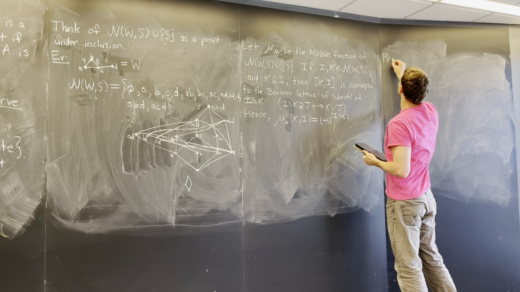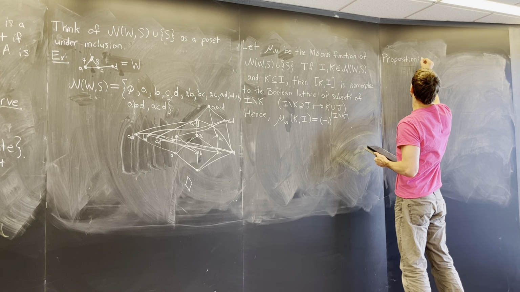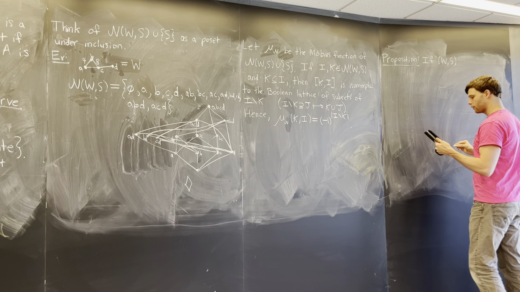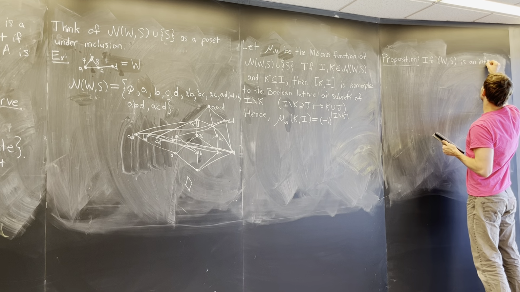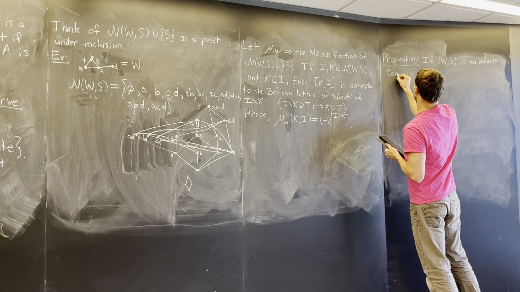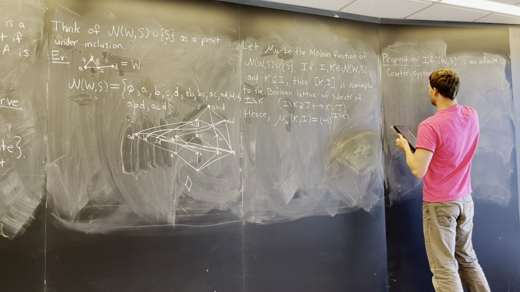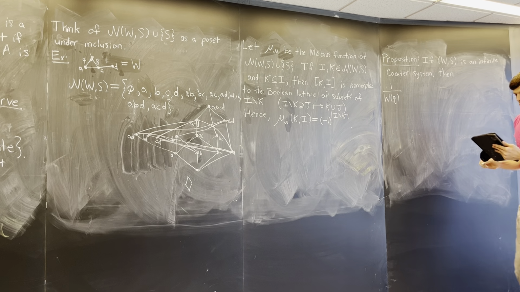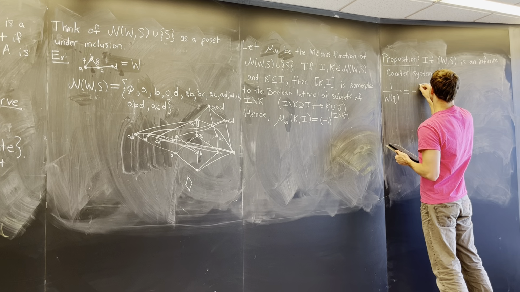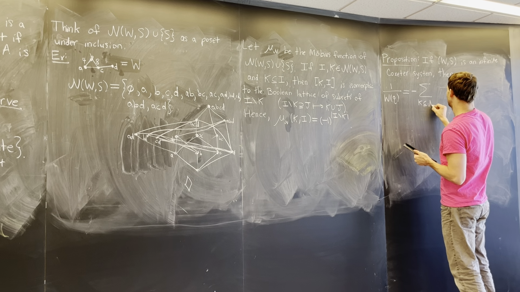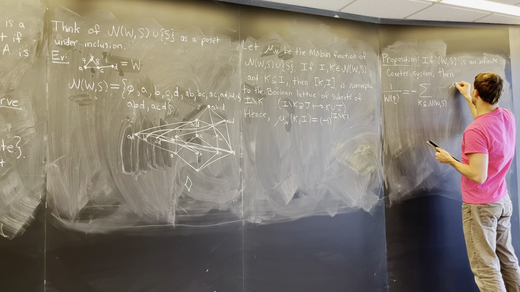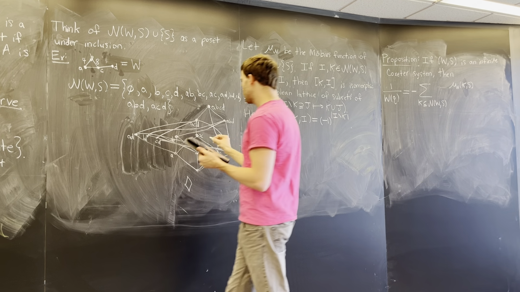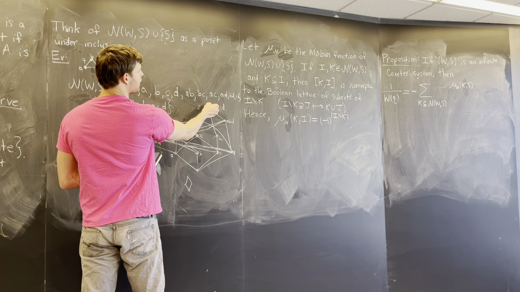Okay, so here's a proposition. If WS is an infinite Coxeter system, then again, we're going to look at this generating function W of Q, except I'll write it as 1 over W of Q. This is going to be the negative of the sum over all subsets K of the nerve of the Möbius value, mu n of K, S. Like in this poset that I drew, if my subset was AC, for example, I would be taking the interval from AC up to the top element here.